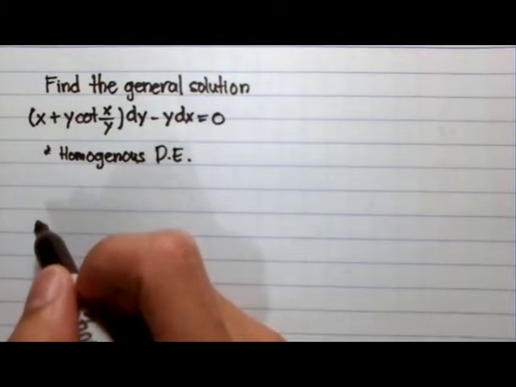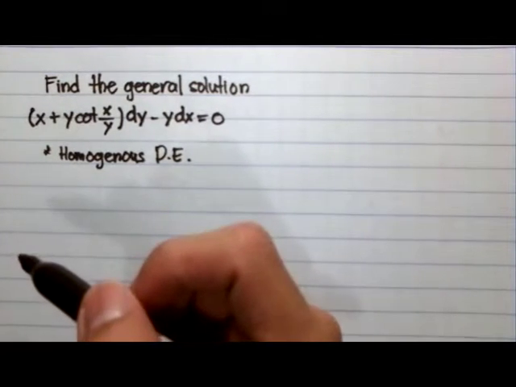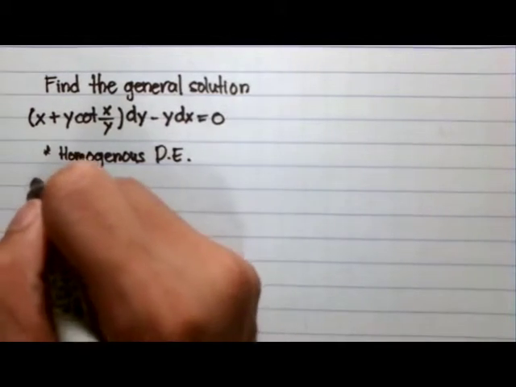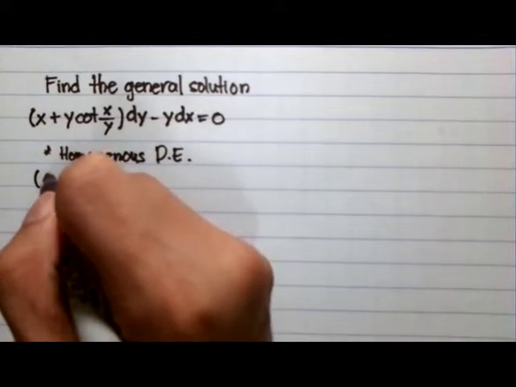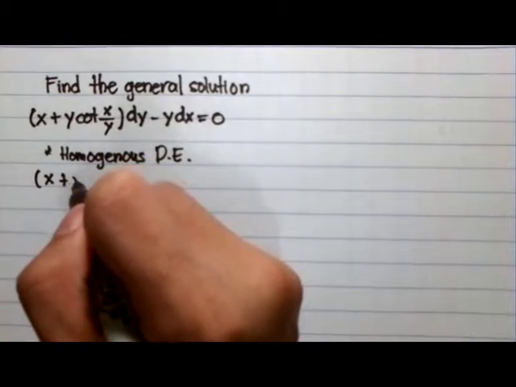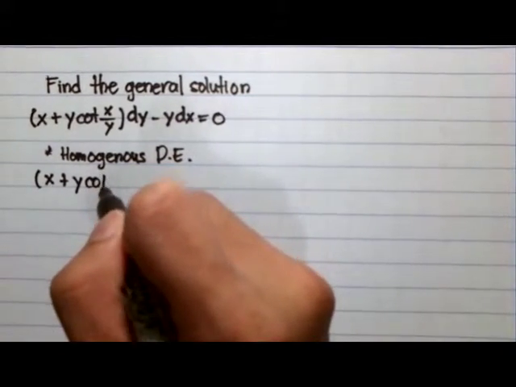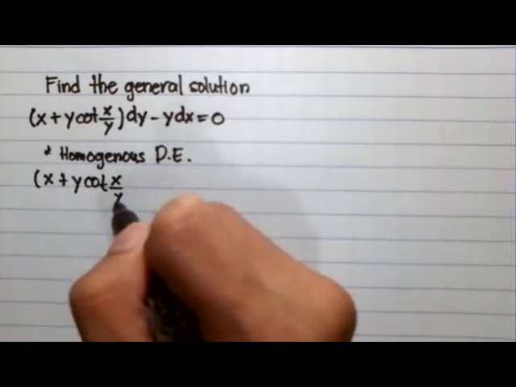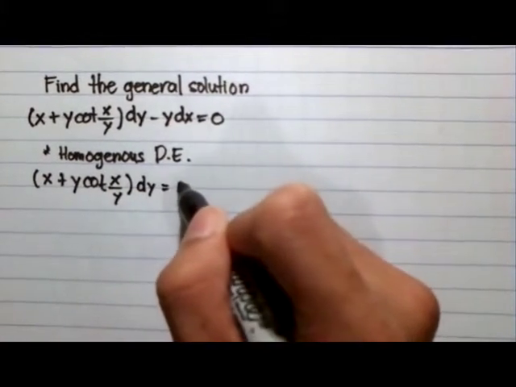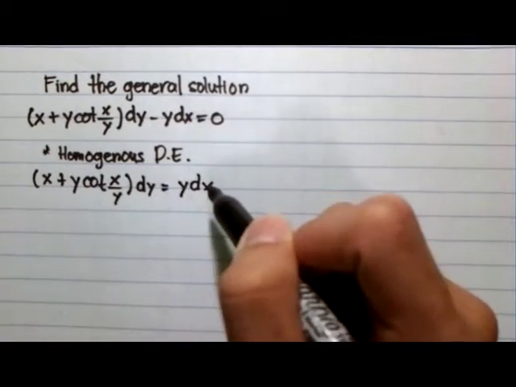In a homogeneous differential equation, instead of a function of x and y, we change it into a function of some variable. So we rewrite the equation: x plus y cotangent x over y dy equals y dx.